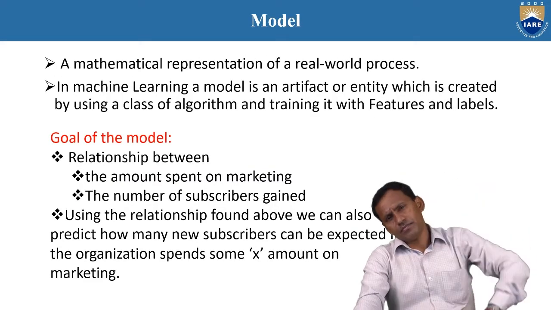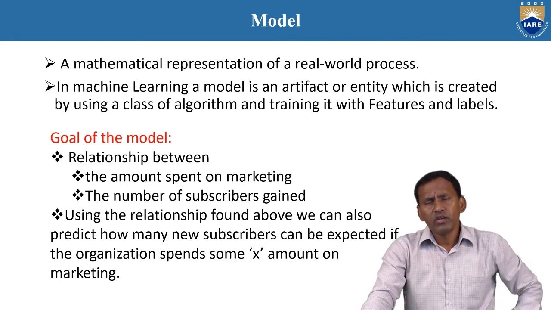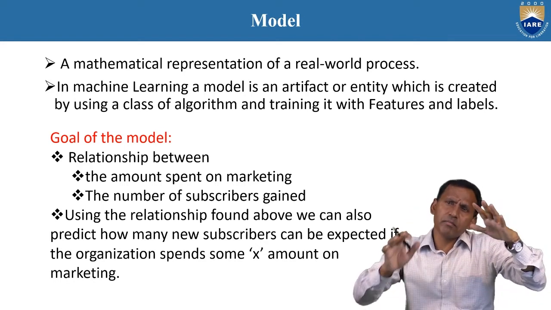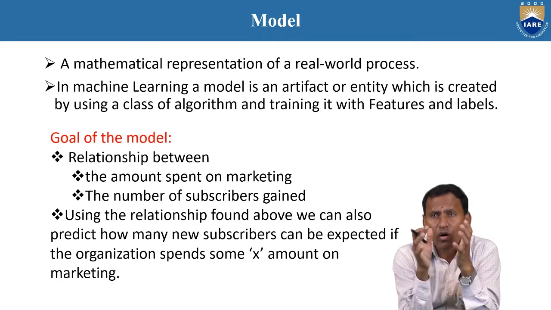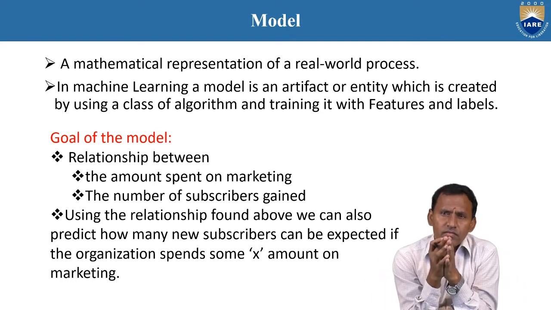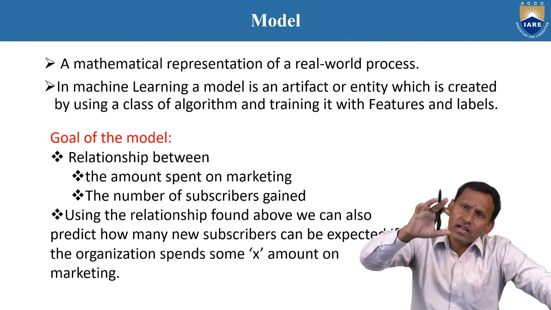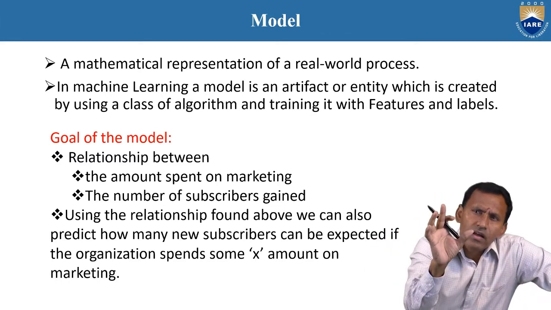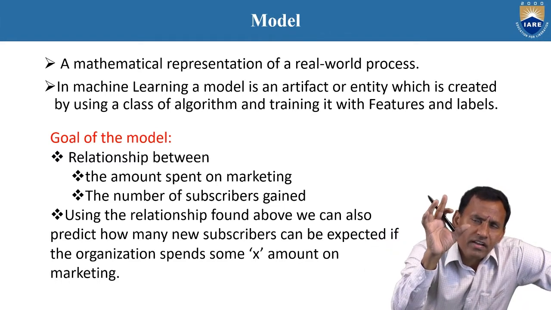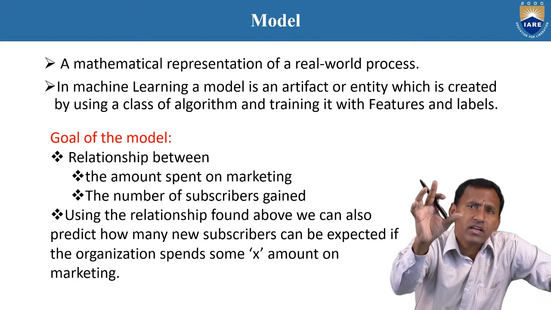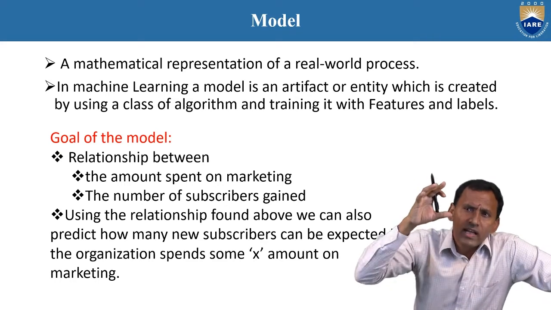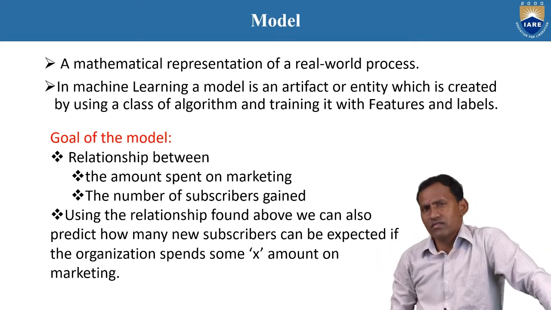And coming to the model. A machine learning model is a mathematical representation of a real world process. It is an artifact or entity which is created by using a class of algorithm and training it with the features and labels.